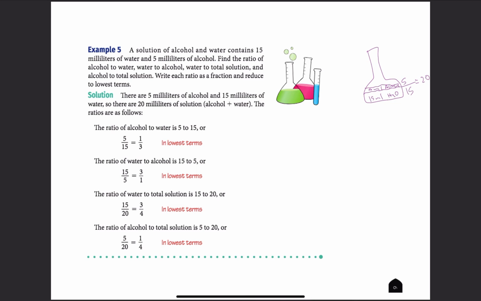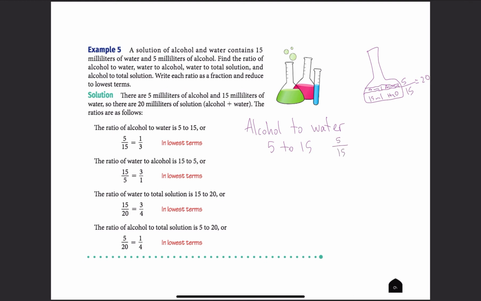So if we want to write ratios, we need to know what it is that we're comparing. In this case, they want us to write the ratio of alcohol to water. So alcohol to water. The order matters. Alcohol is 5 mils and water is 15 mils. Then, once we've written it as a comparison with "to," we can write it as a fraction.